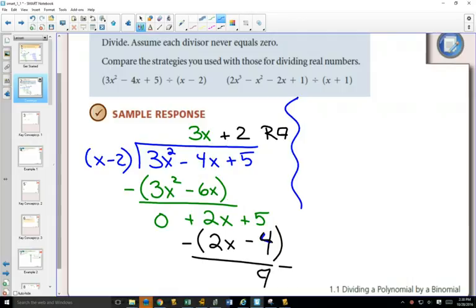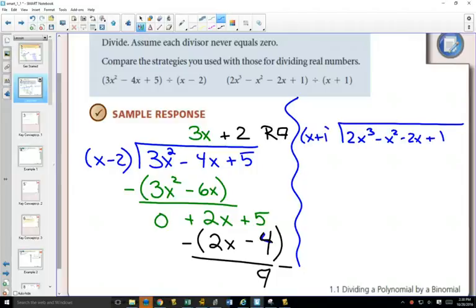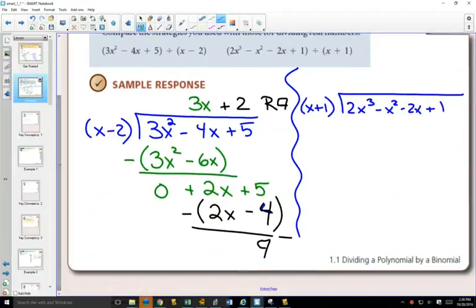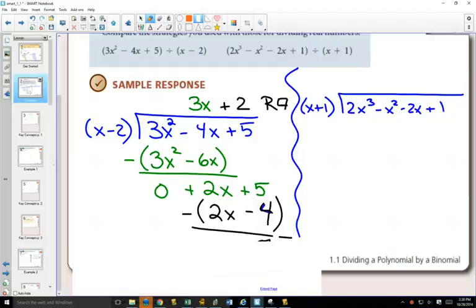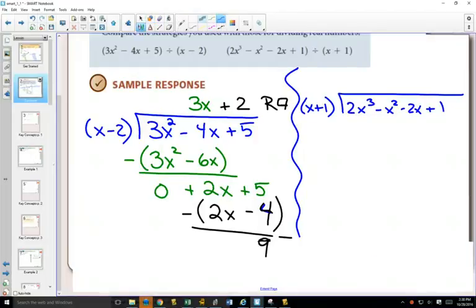So let's try another one. Let's try the second one. 2x cubed minus x squared minus 2x plus 1. So that's what we would put inside here. 2x cubed minus x squared minus 2x plus 1. And we're going to divide by x plus 1. So again, same process.